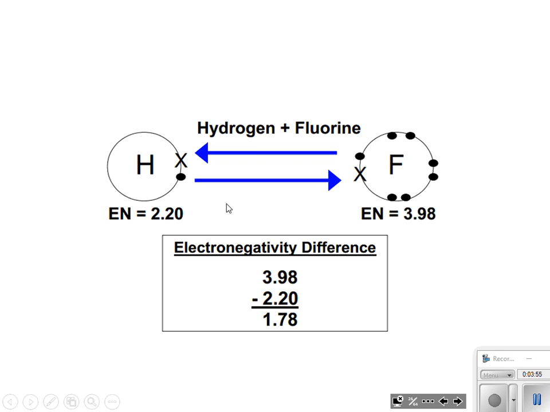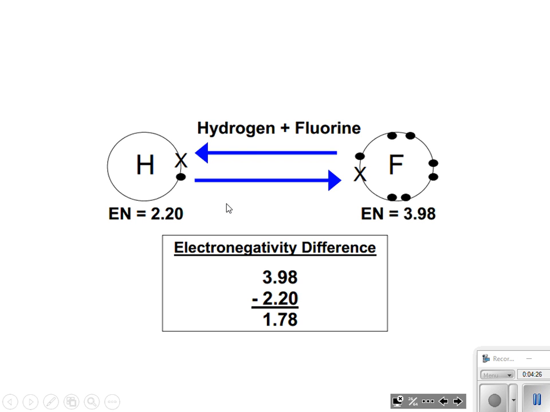Now, as I look at electronegativities between hydrogen and fluorine, I see 3.98 and 2.20, for a difference of 1.78. That falls into my gray area, doesn't it? Now when I look at that gray area, am I dealing with a metal?